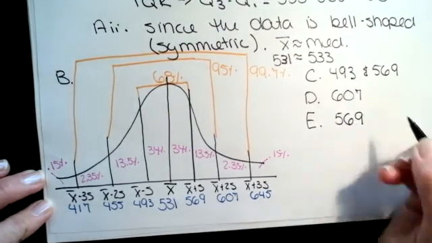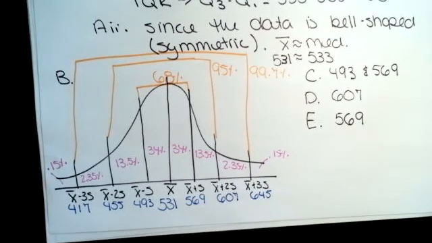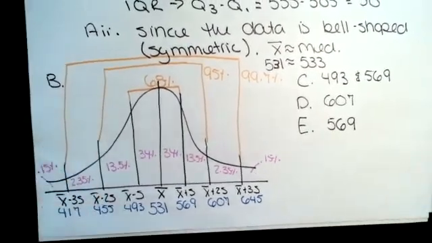So 569 represents the 84th percentile. That means that 84% of the students scored less than that data value, the 569, and 16% scored higher than the 569 on the math portion of the SAT for this sample. I hope that helps, and I will talk to you guys soon and see you in the exam.